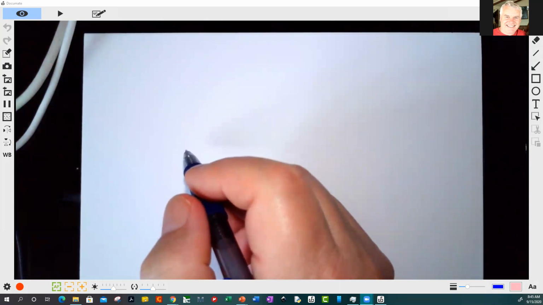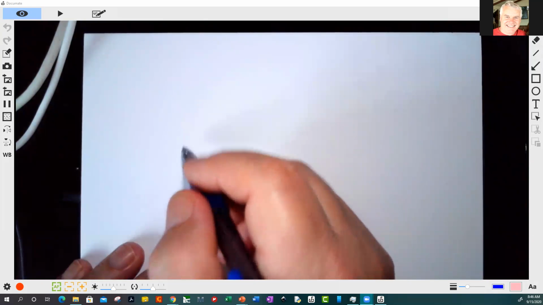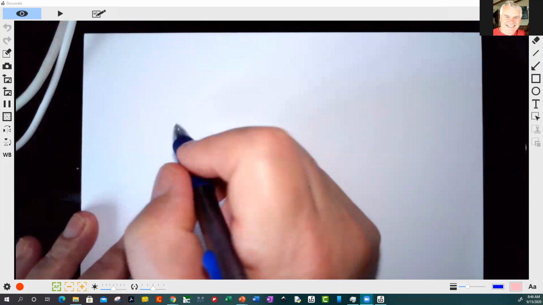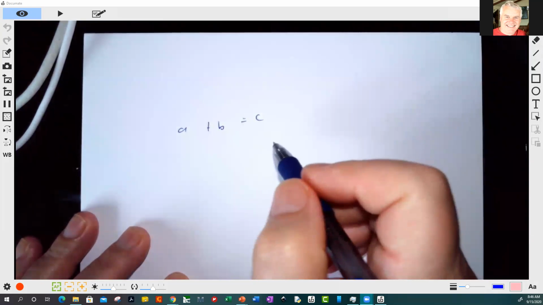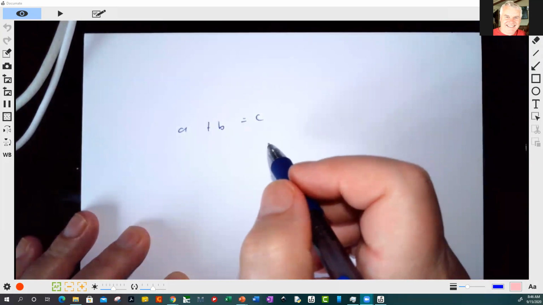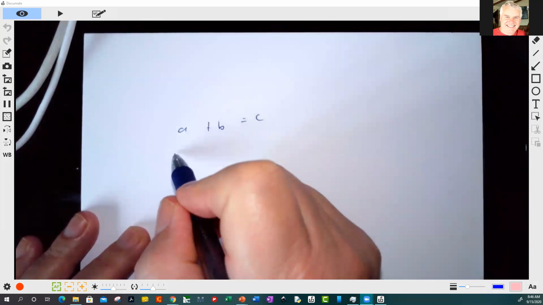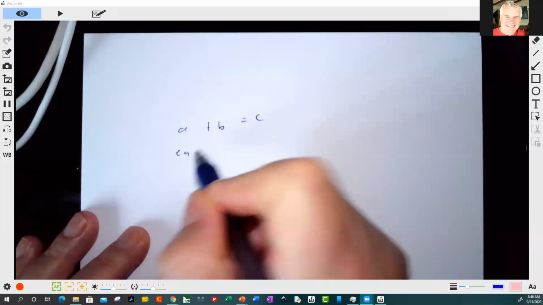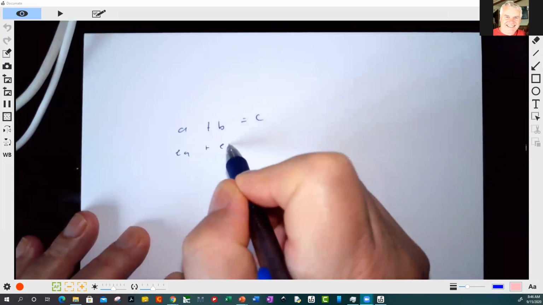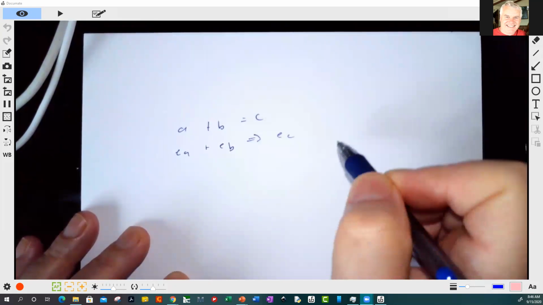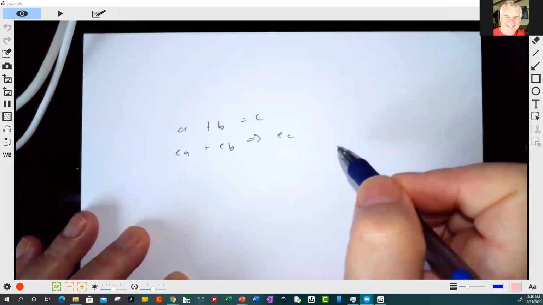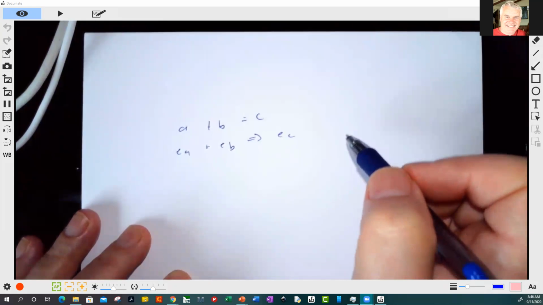So let's say A plus B equals C. Then the uncertainty in A and the uncertainty in B are going to contribute to the uncertainty in C, right? That makes sense, right?